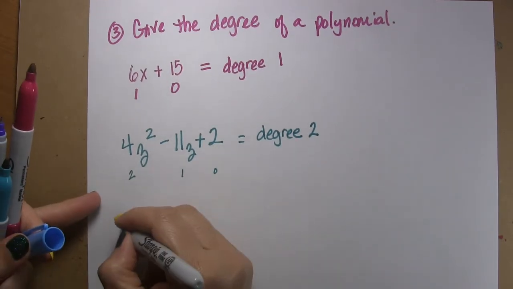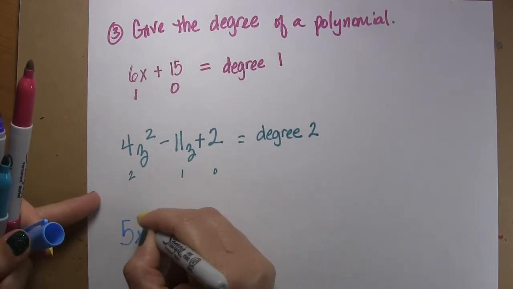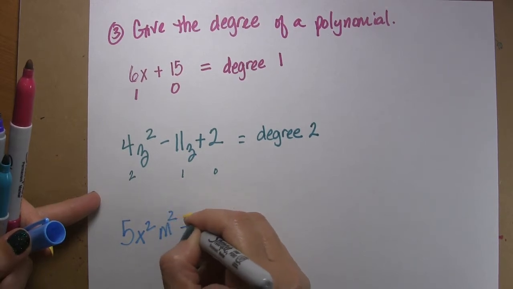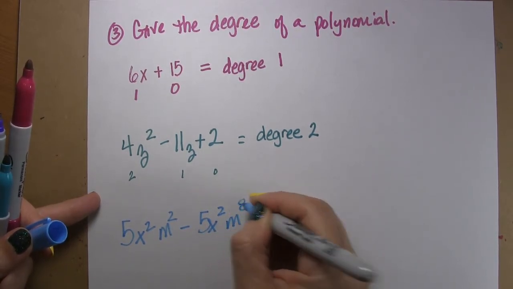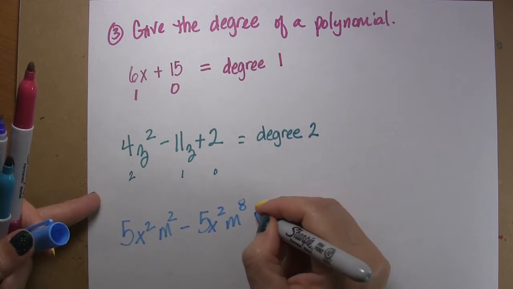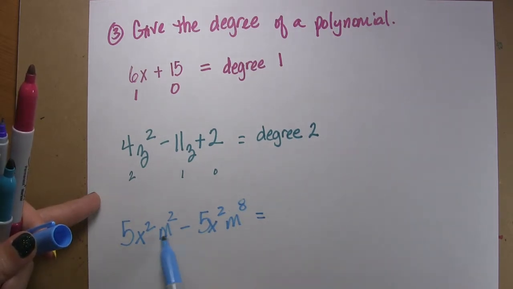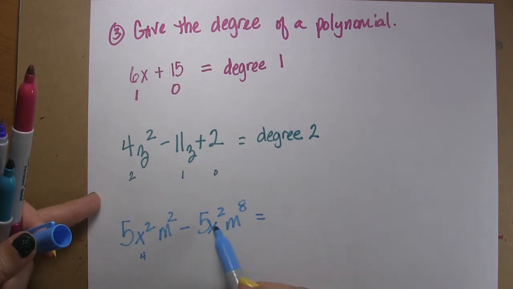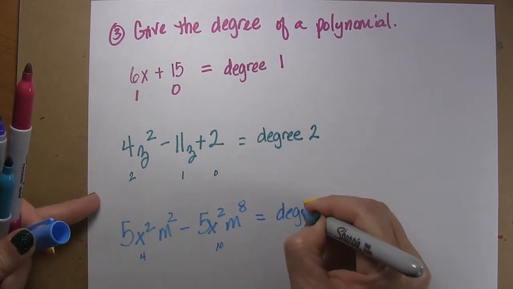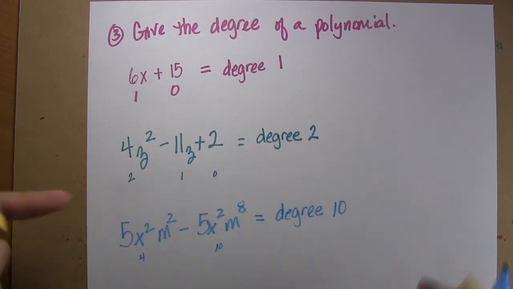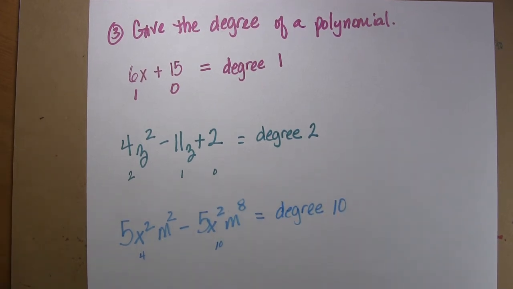What if we did this one? 5x squared m squared minus 5x squared m to the 8th. What does that equal? Well, this is going to be degree 4, and this is going to be degree 10. So we would say that this binomial has a degree of 10. So anyway, that's the basics of how we go about classifying polynomials. I hope that makes sense to you.